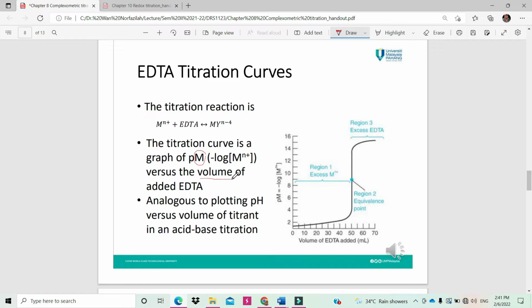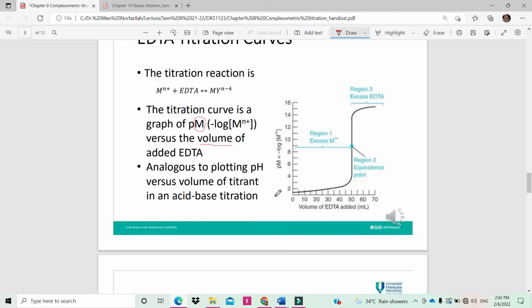Again, volume, and depends what is the titrant that you use. In this case, for complexometric titration, it is EDTA. So at the x-axis, you have volume of EDTA versus the negative log of concentration of the metal ions. Okay, as I said, they are similar.